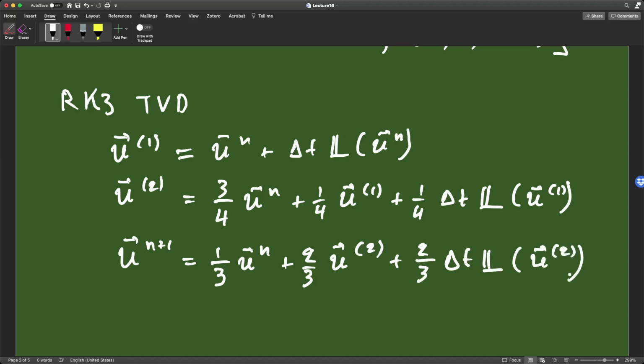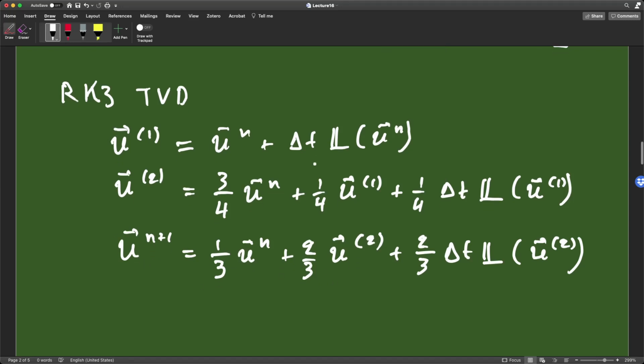So what we have to do here is compute U1 from Un, and then U2 using Un and U1, and then Un+1 is computed from Un and U2. So we calculate those two intermediate steps, and then the next step, Un+1, is given by this expression. Again, these expressions are true generically whether L is a linear or nonlinear operator.